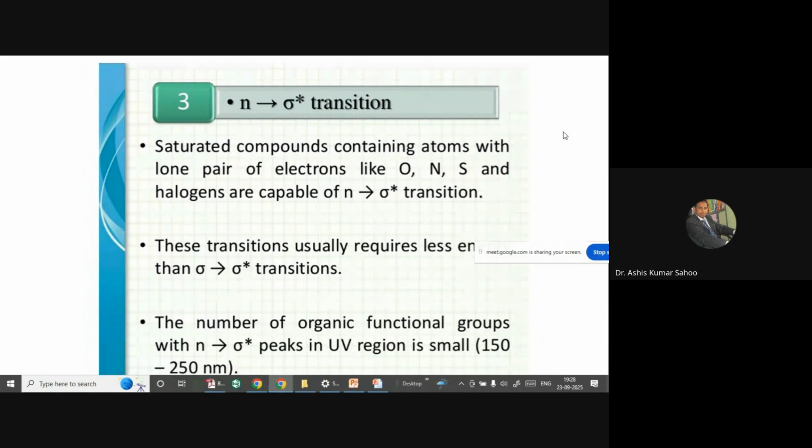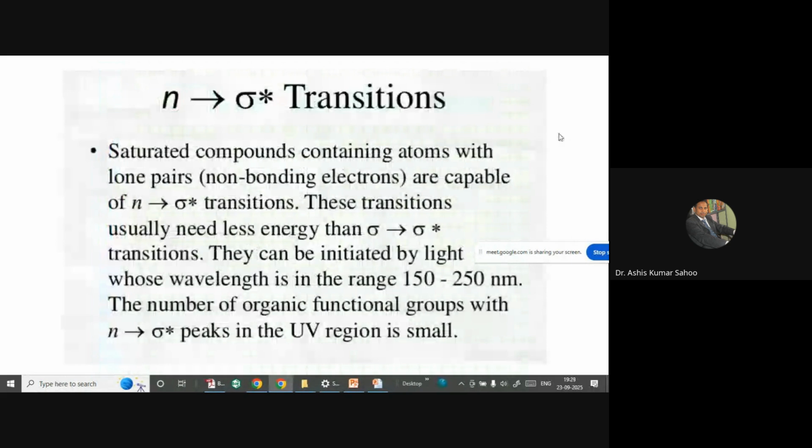So these are compounds which contain non-bonded electrons and sigma bonds, such as alcohols, amines, thiols, etc. We'll see both n to sigma star and sigma to sigma star. This transition usually needs less energy than the sigma to sigma star transition.